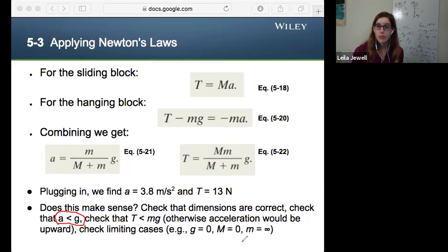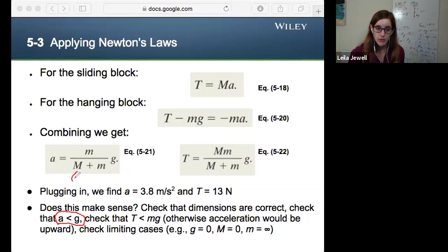We can also check some limiting cases. What if we turn off gravity? Well, if we turn off gravity, the acceleration becomes 0 and the tension becomes 0. Okay, that's a good check. What if the big mass, the sliding one, becomes 0? Well, in that case, we have our acceleration.